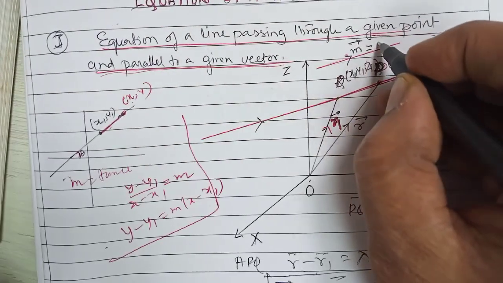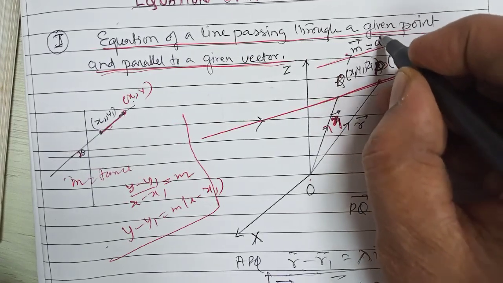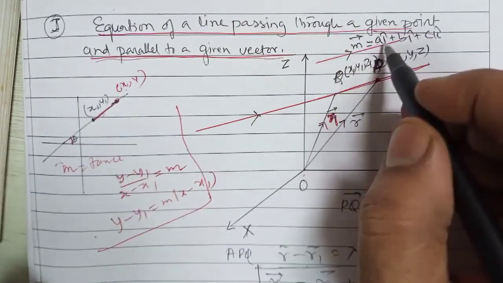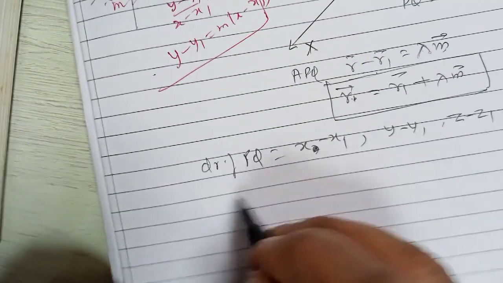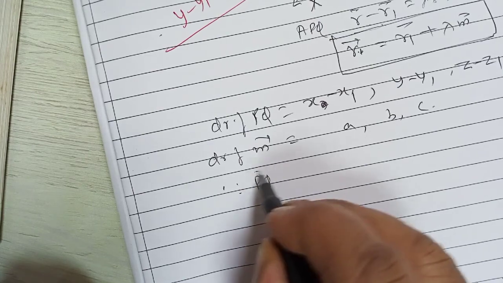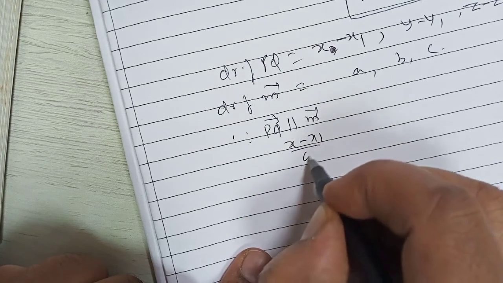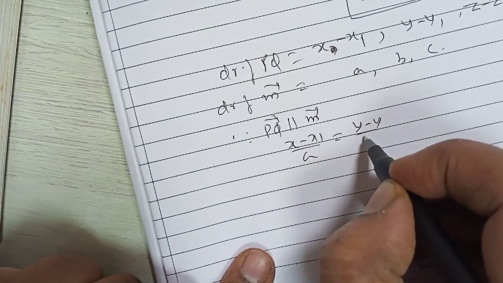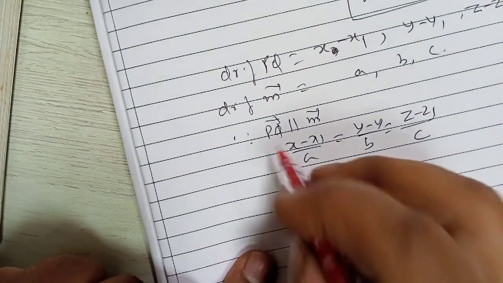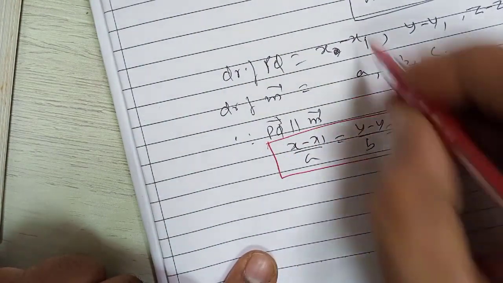Let the m vector be a i cap, b j cap, c k cap. Then DR of m vector is a, b, c. Since PQ vector is parallel to m vector, the direction ratios are proportional. This is the equation of the line in Cartesian form. This is vector form, this is Cartesian form.